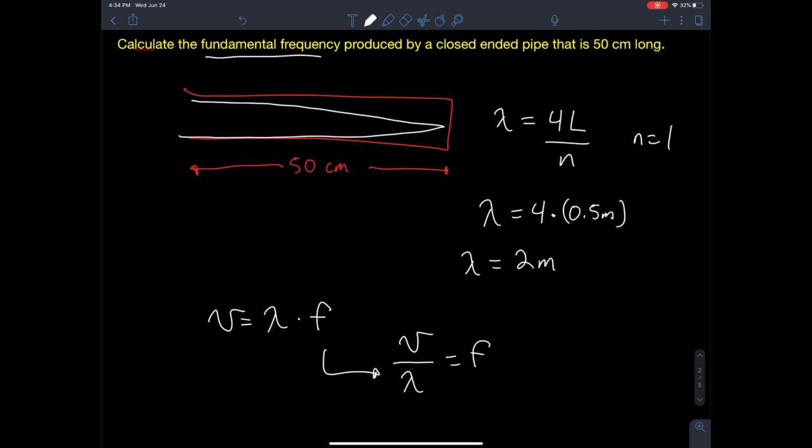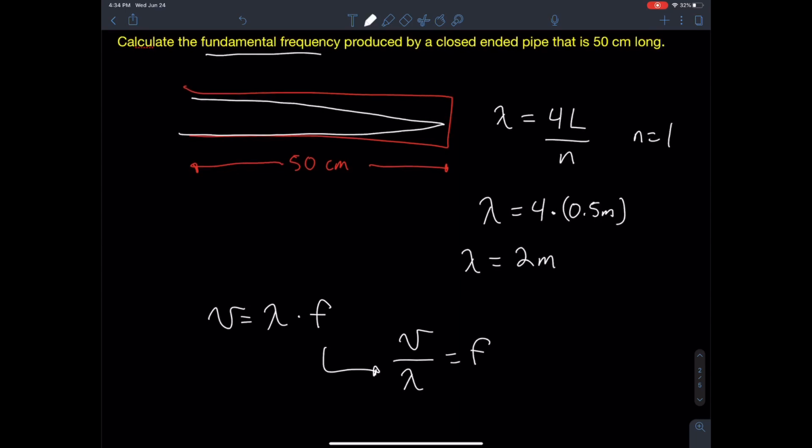We know that speed corresponds to the speed of sound. So 340 meters per second divided by 2 meters gives me a frequency of 170 hertz. So after calculating 170 hertz as the frequency that would be made by that pipe, let's take a look at how we can calculate some of the harmonics.